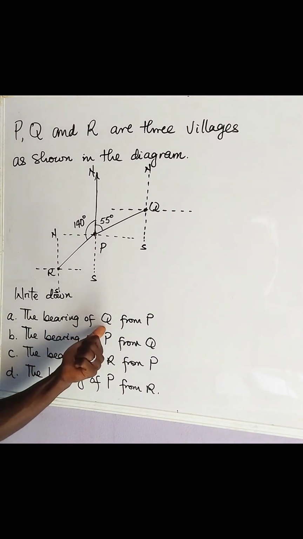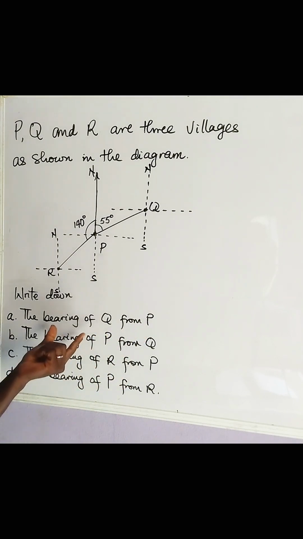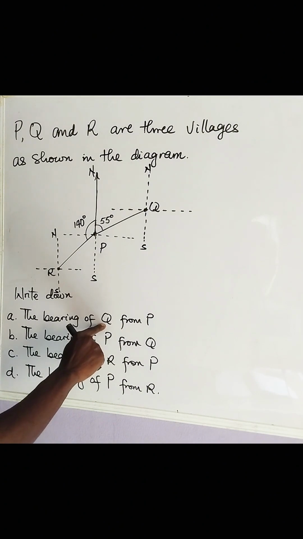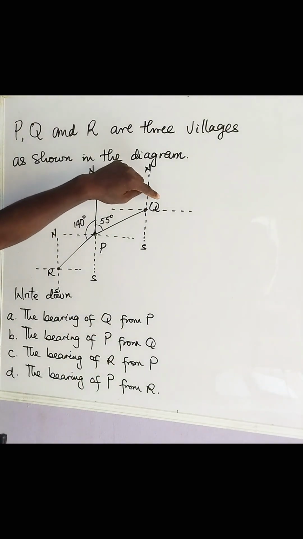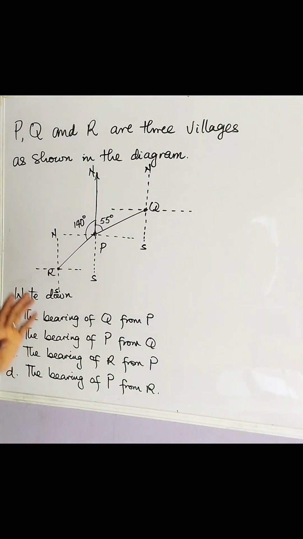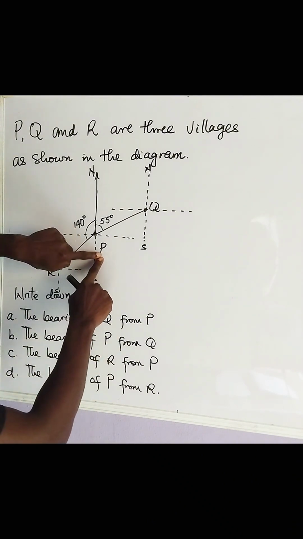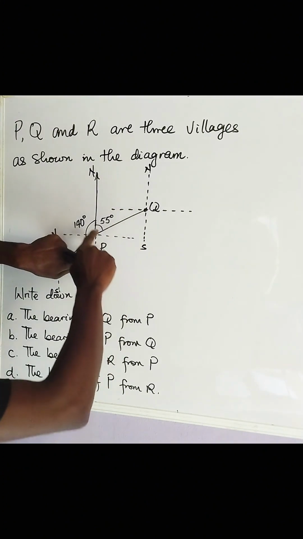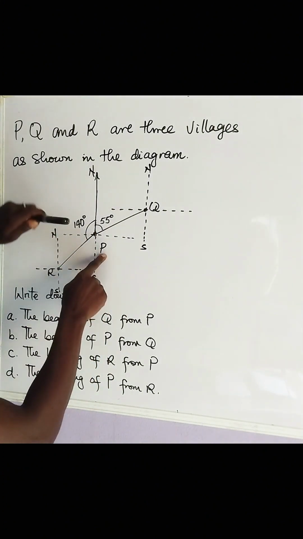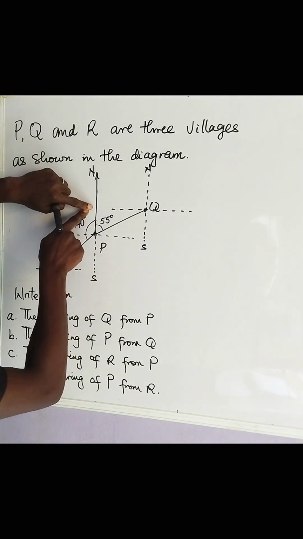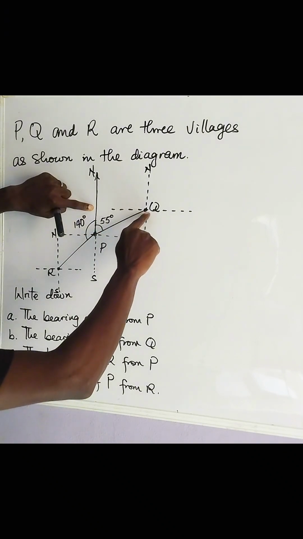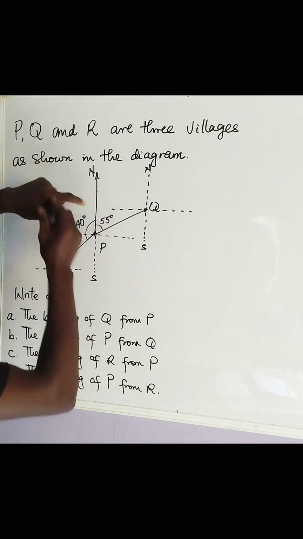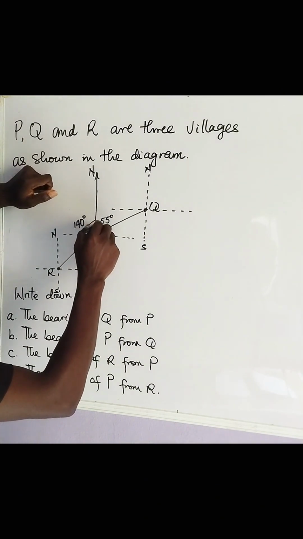Now let us start. The bearing of Q from P implies: what is the angular distance that Q formed from the reference point P? Now this is Q here. So this is our P. If you look at this, from the north of P, through the line that meets at Q, you see it is 55.